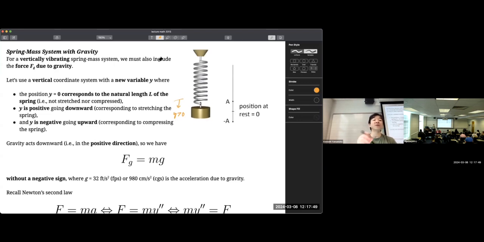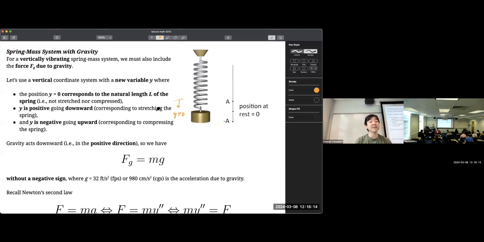That's as if you took off the mass and let the spring hang on its own, how long that would be. That's the 0 position. And then positive downwards, which is probably less intuitive, because you might think down is negative, but we're still going to keep the convention that stretching the spring is positive, and negative will be upward.